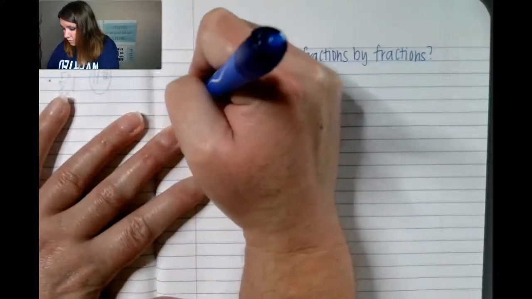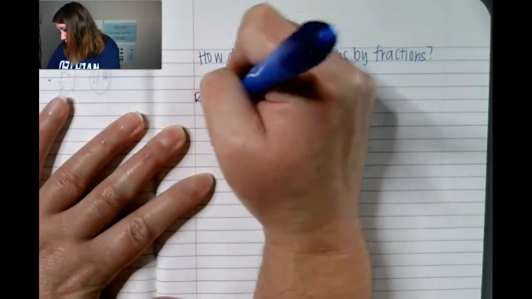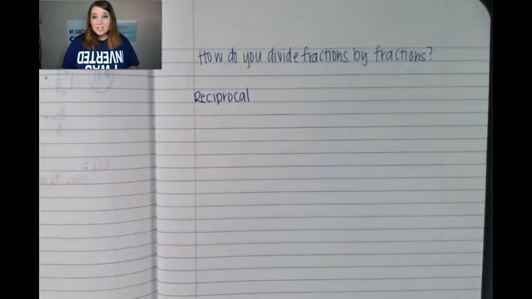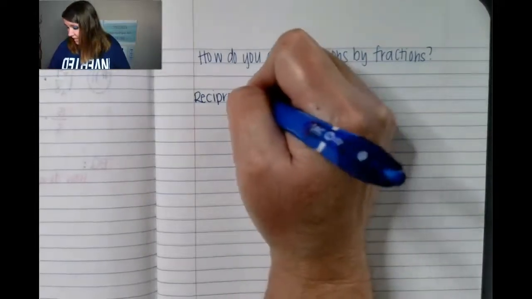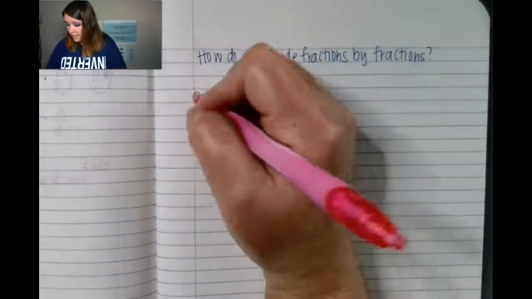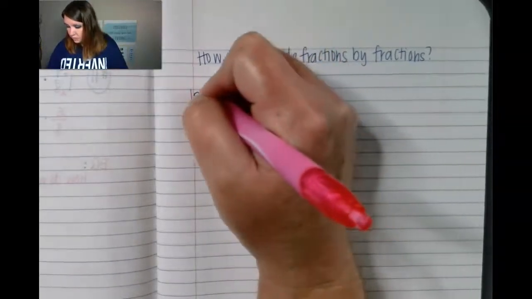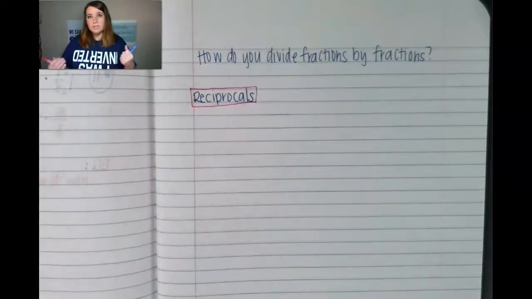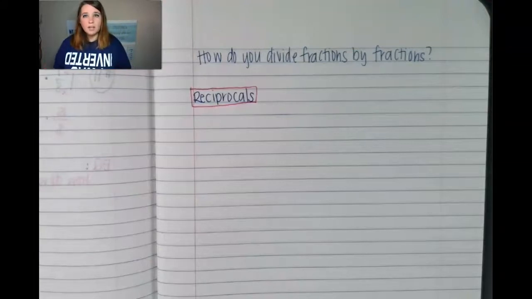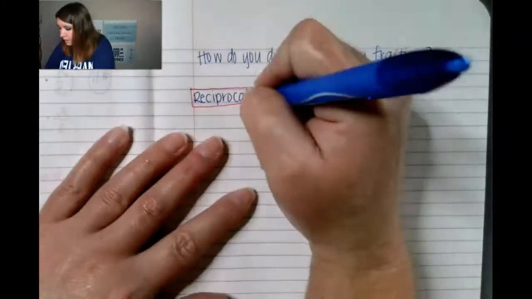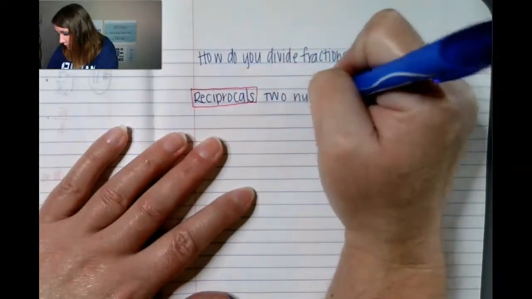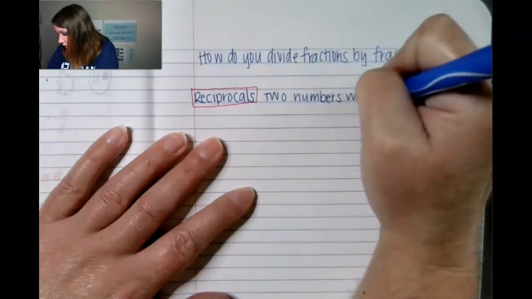So the word is reciprocal. It's a weird word to spell. I can't spell it half the time. I have to try to look at it. So reciprocals. Try saying it. Reciprocals. Reciprocals are two numbers whose product is 1.